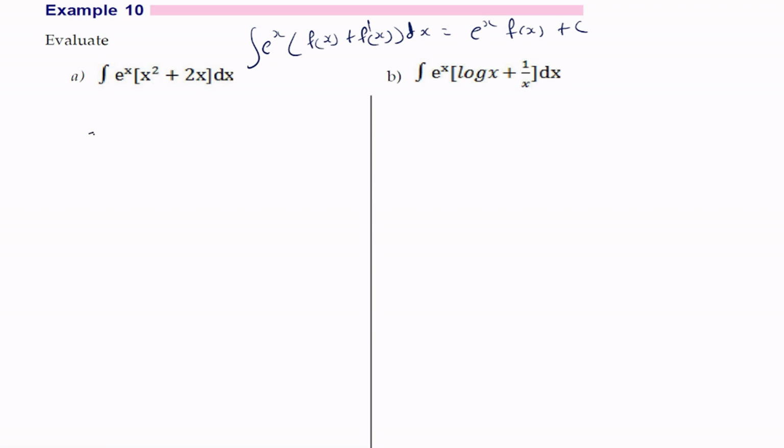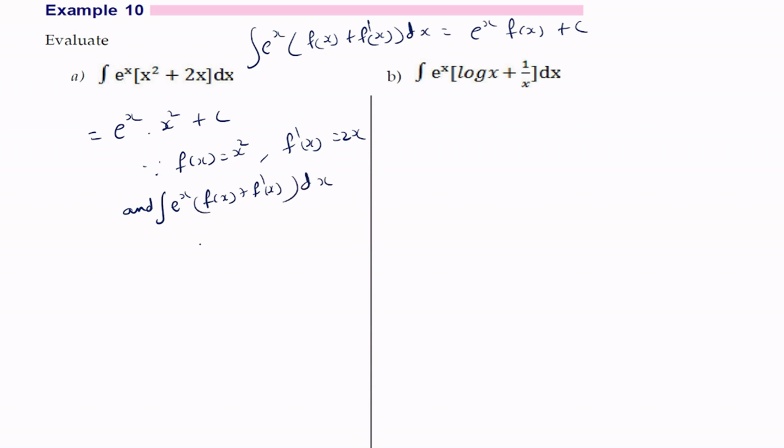So this is equal to e raised to x into x square plus c, since f of x equal to x square, f dash of x equal to 2x, and integral e raised to x f of x plus f dash of x dx equal to e raised to x into f of x plus c. So because of this, we have the answer for this integral as e raised to x into x square plus c.